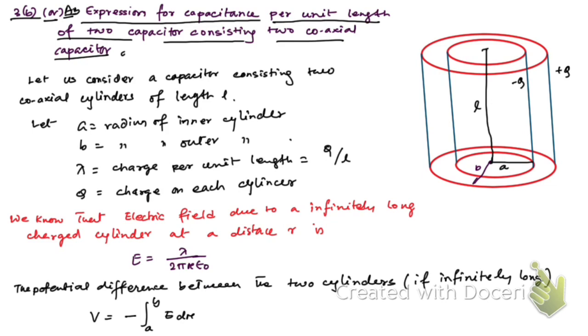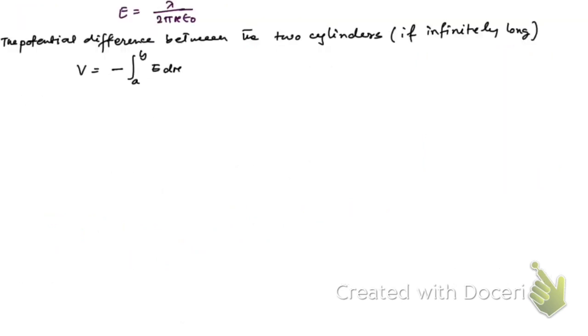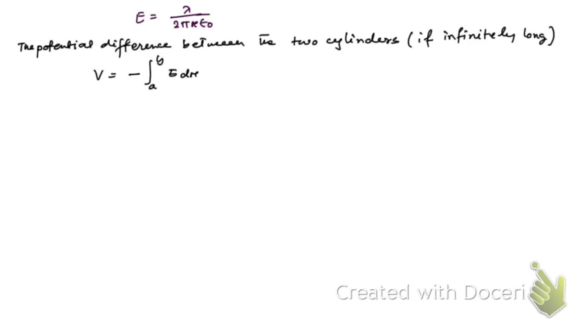So let me copy these things and let me go to the new slide. Okay, so here you see, this is what we have. So now V is equal to minus integration from A to B lambda by 2 pi r epsilon naught dr. That's what we're going to get.